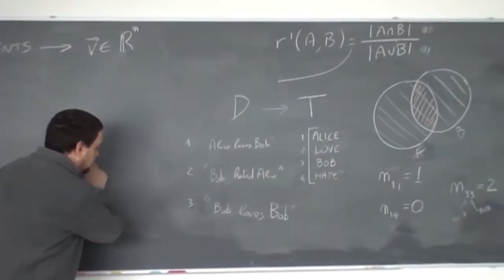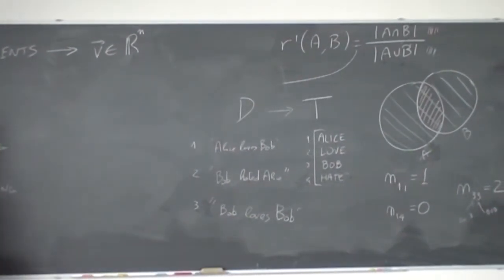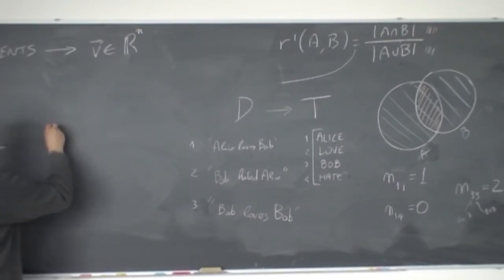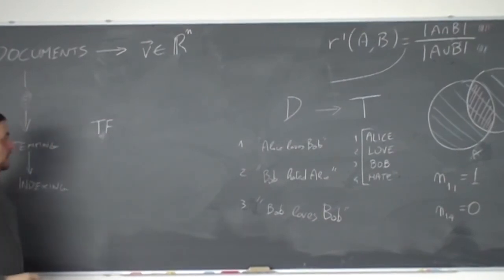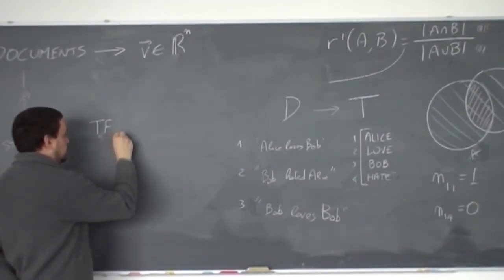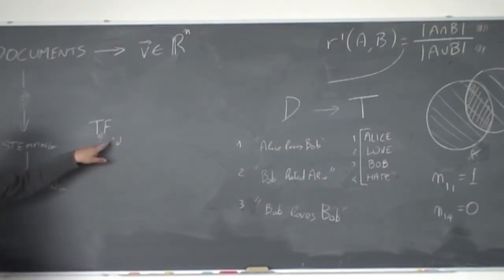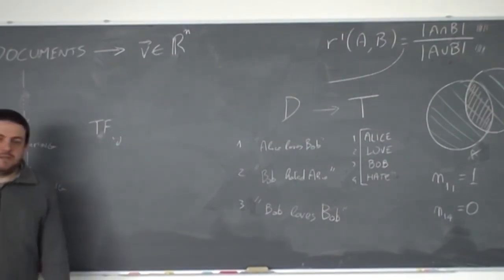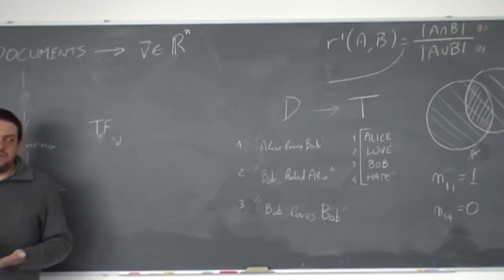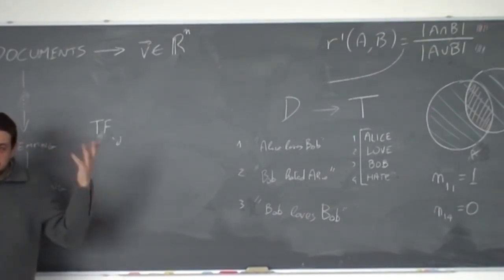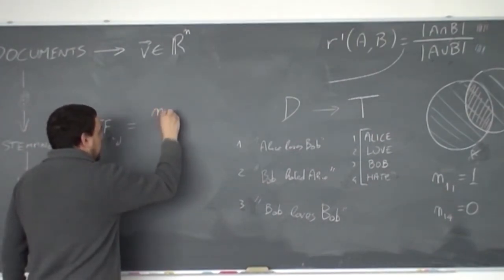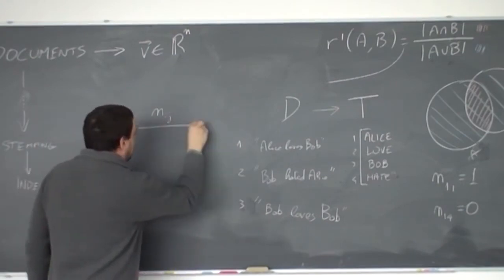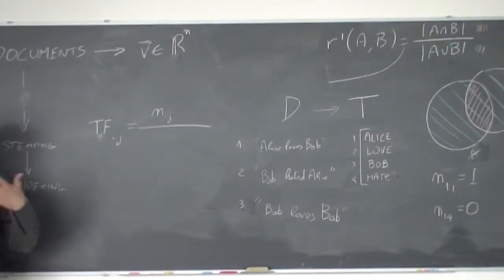Now, given this definition, we can also define the term frequency, let's call it Tf, of term j in document i as the number of appearances normalized by the size of the document. So Tfij is Nij divided by the overall number of terms in the document.